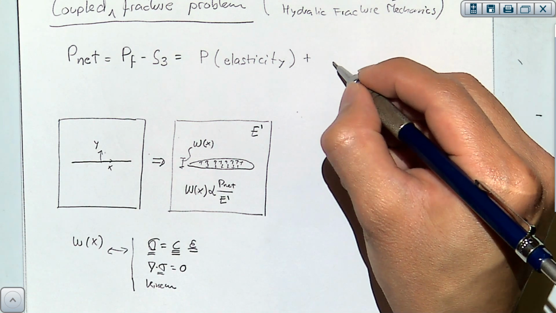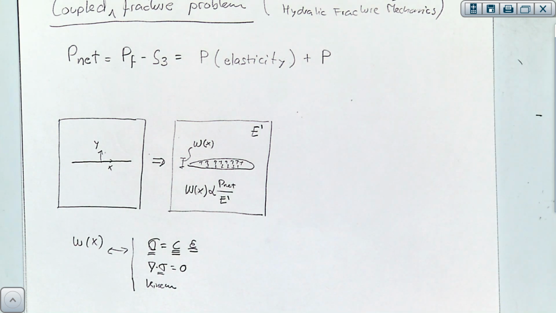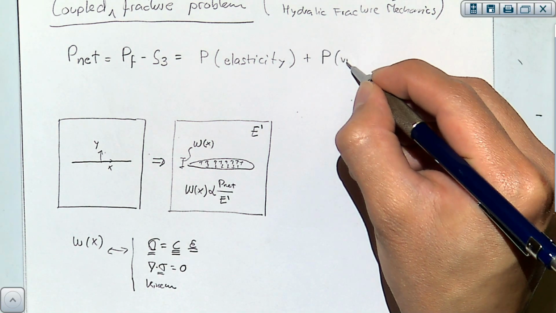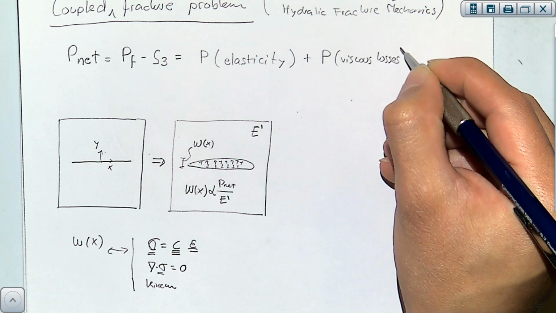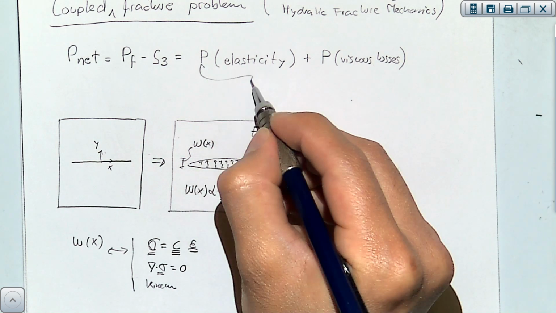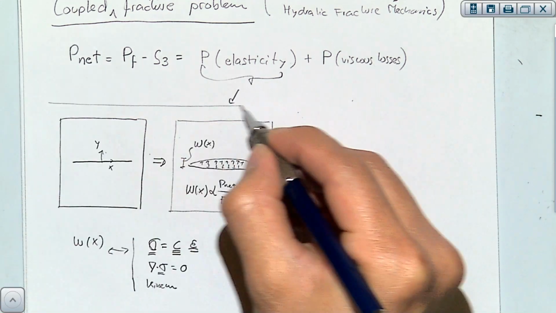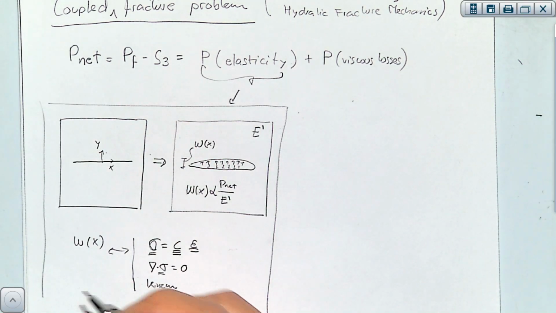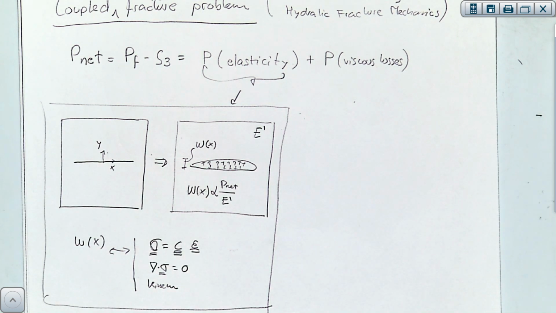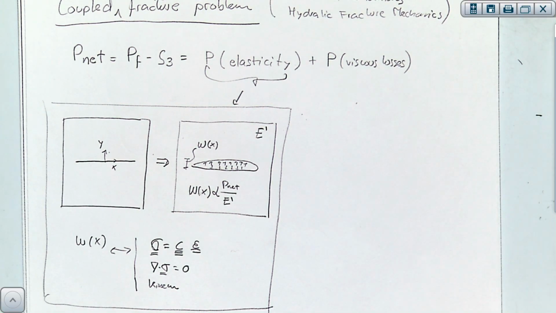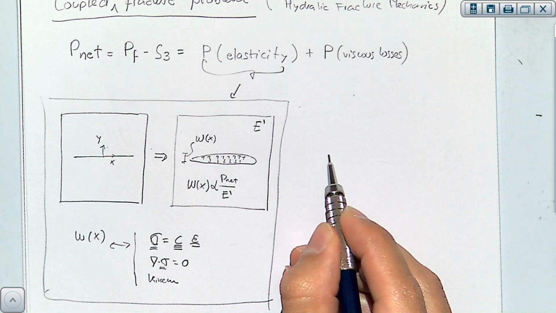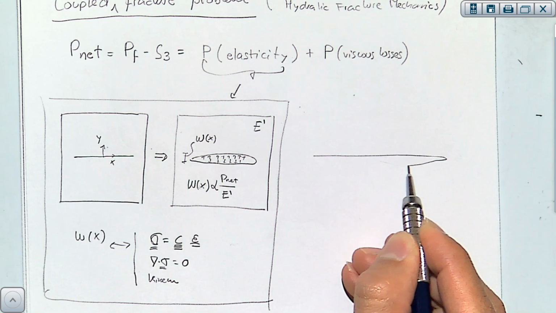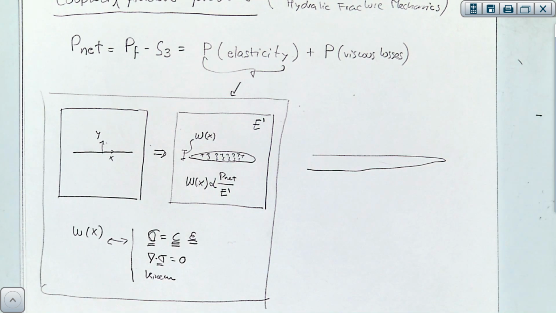Second, you need to circulate fluids through the fracture and also from the fracture into the rock. So let's imagine that this is a fracture, half wing of a fracture.